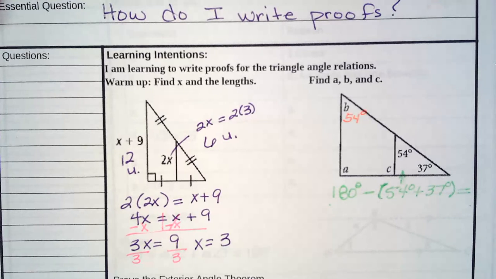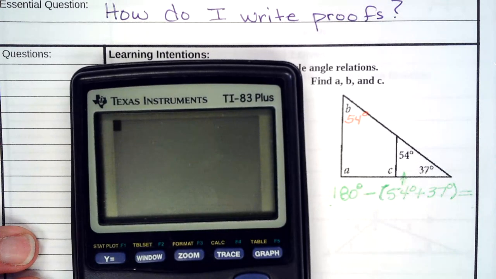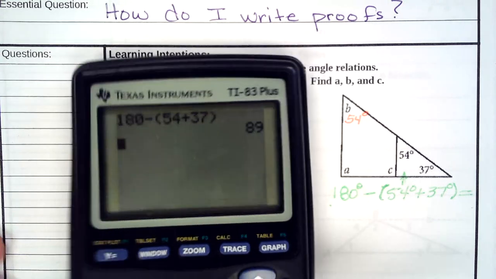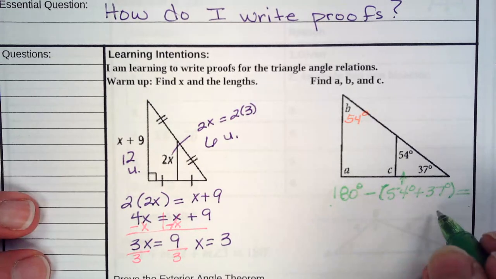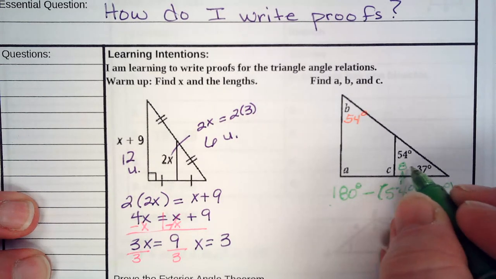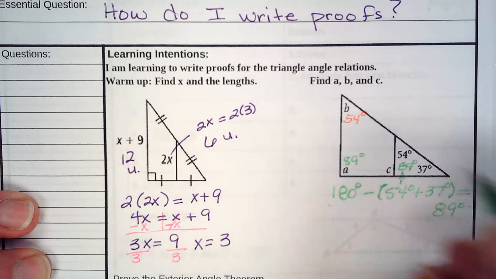Using parentheses, I can do this all at once. 180 minus parentheses 54 plus 37, close it off, and I end up with 89. So this one is 89 degrees. This one also will be 89 degrees.